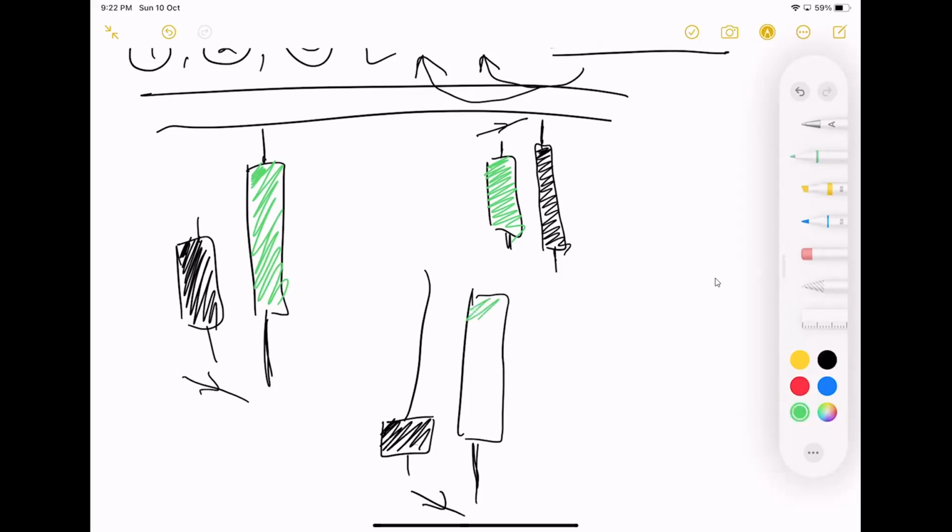Now, when you are faced with scenarios like this, what I tend to do is use the high of the wick to the body, with my mean threshold being 50% of the wick. Don't ask me why, I just do it.